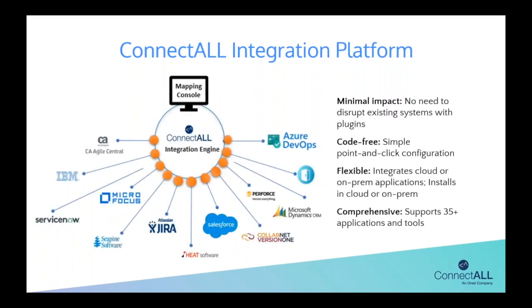I would have information coming in from Salesforce to ConnectALL, which ConnectALL would recognize and then move into VersionOne. And then from VersionOne, it would move it into Azure DevOps. And as changes are made in any of those tools, ConnectALL would be the one moving those changes back and forth to keep everybody up to date. Now, does that mean that you synchronize every piece of information across every tool?